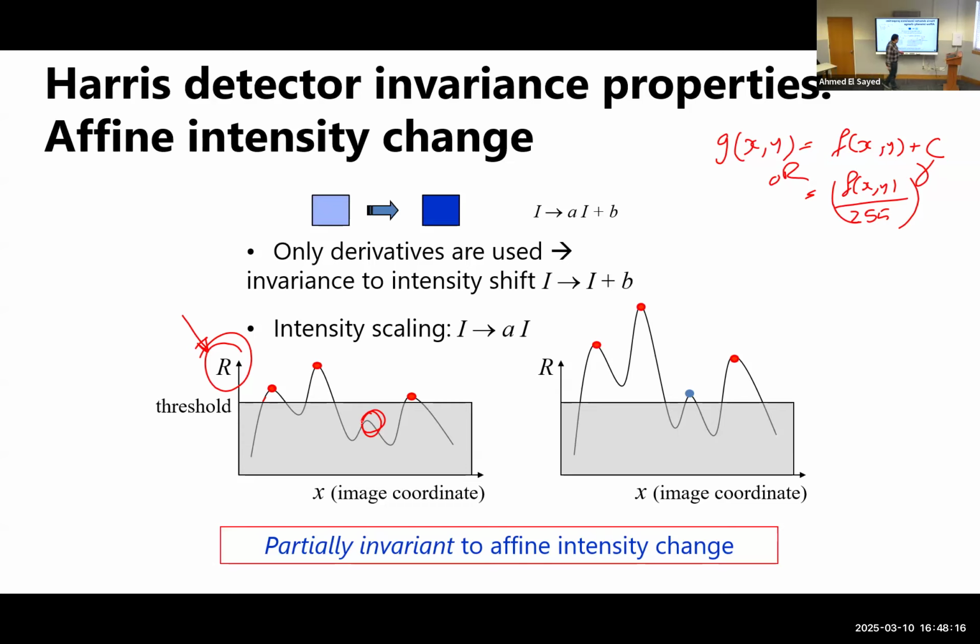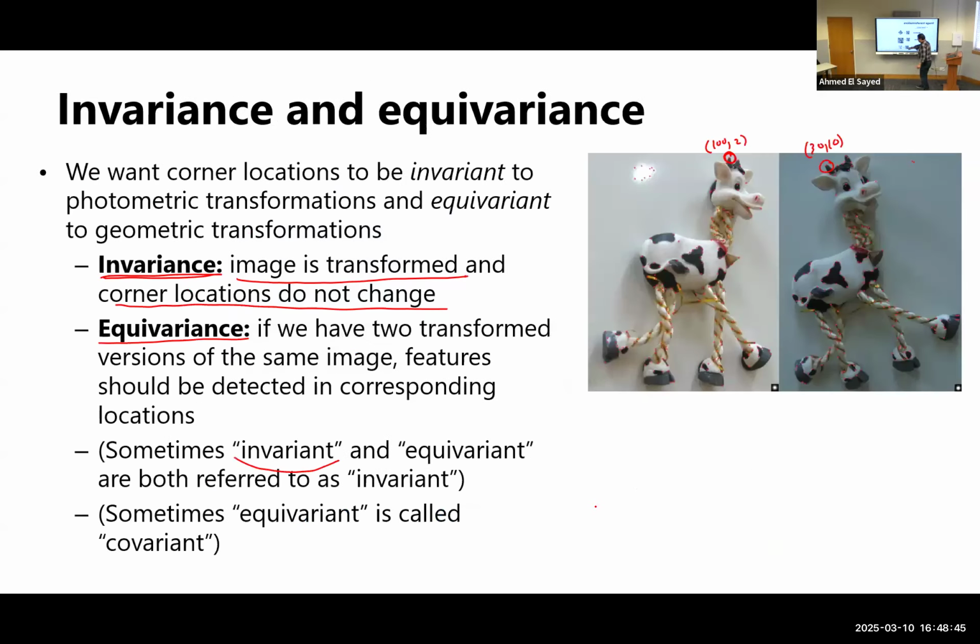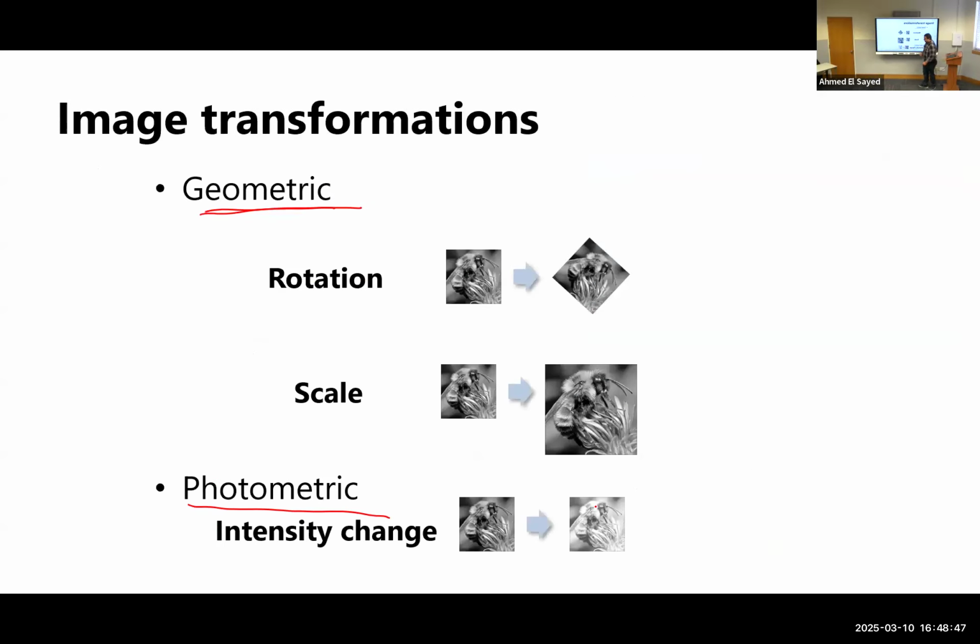That means that the corner detection technique is partially invariant to the intensity change. Why did we say invariant? Because the corner will exist in the same location, it will not change. So if it exists here, it will be exactly here. The location is fixed. Here is here. Let's go to the example of the beam.